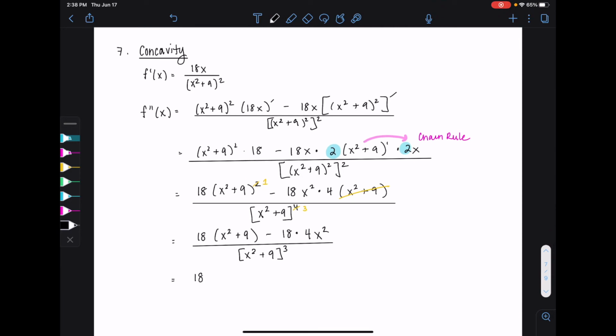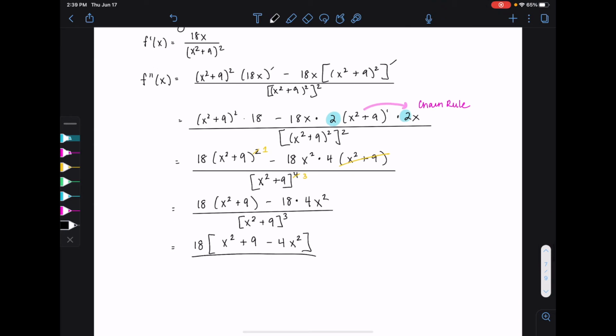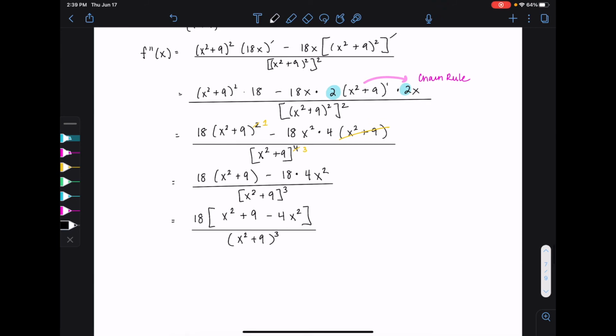Factoring out that 18 will give us x squared plus 9 minus 4x squared over x squared plus 9 to the 3rd. Okay. And then we can simplify.